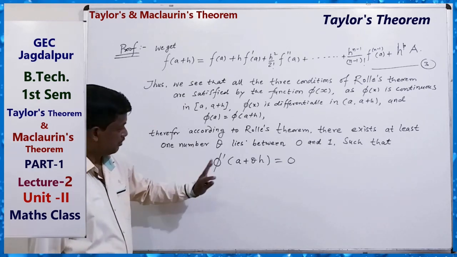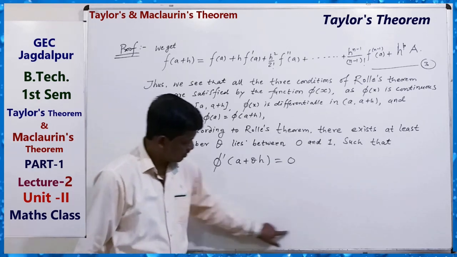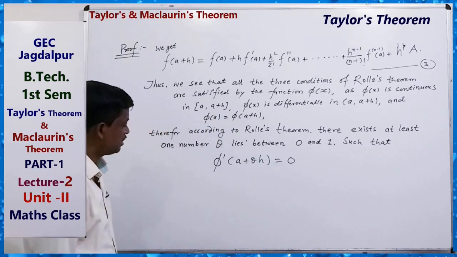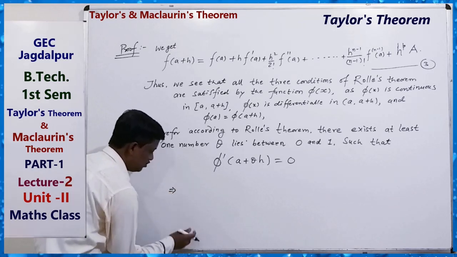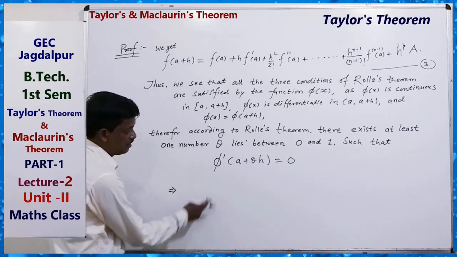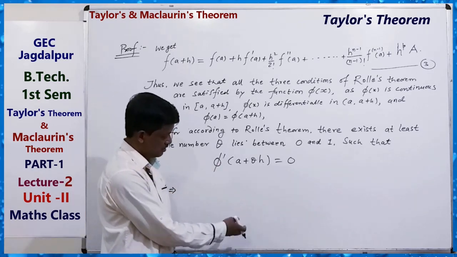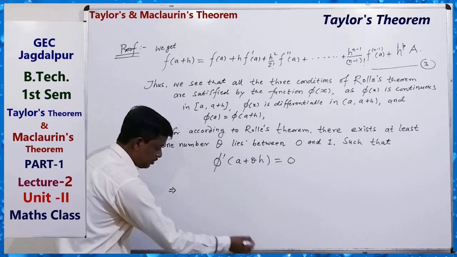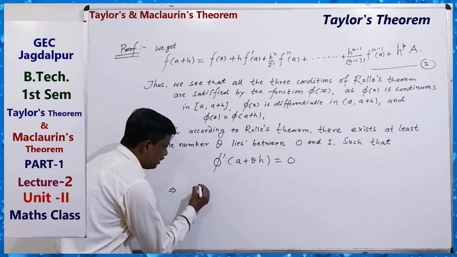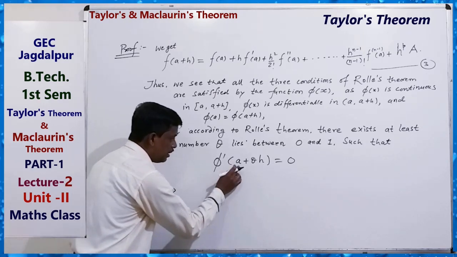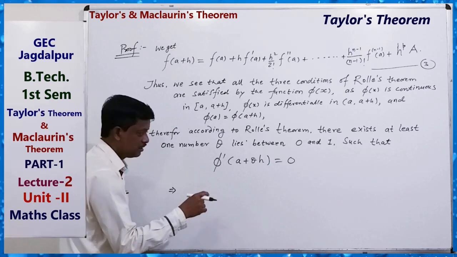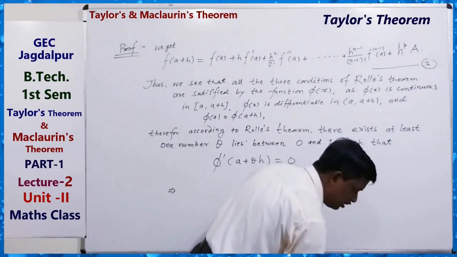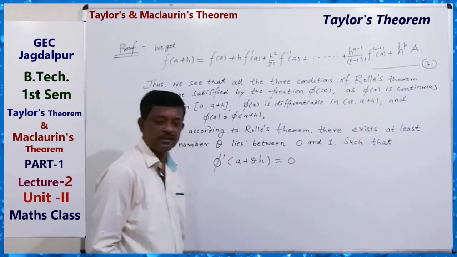Now, from here, see the derivative of phi x. What was that value? Just use the derivative. Phi dash x equals, with x in place of x, the derivative was (a plus h minus x).